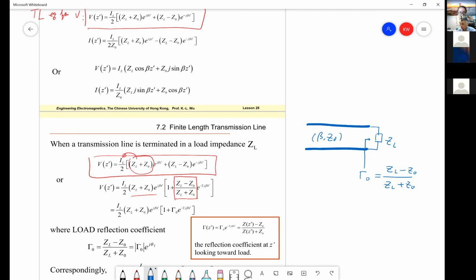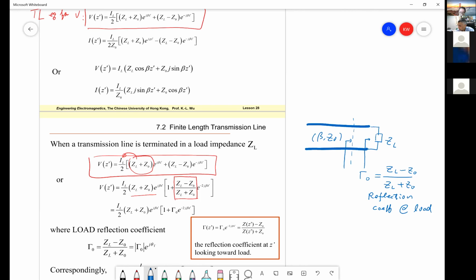Now, if you have a reflection coefficient at the load, let's say, what is the reflection coefficient if I observe this plane?